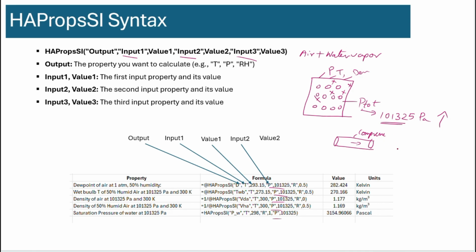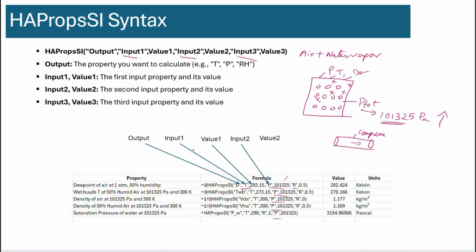On the other hand, if you're on top of a mountain or at a high altitude condition where the pressure is much lower than the sea level pressure, in that case you will use a value much lower than this. But in most scenarios that you're talking about, like conditions inside or outside the room, you're talking about very close to this total pressure. So effectively, you're only inputting 2 input values. In this case, you can see the 2 other input values are temperature and the relative humidity.